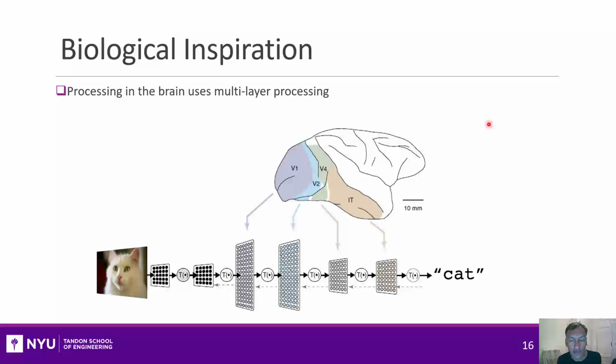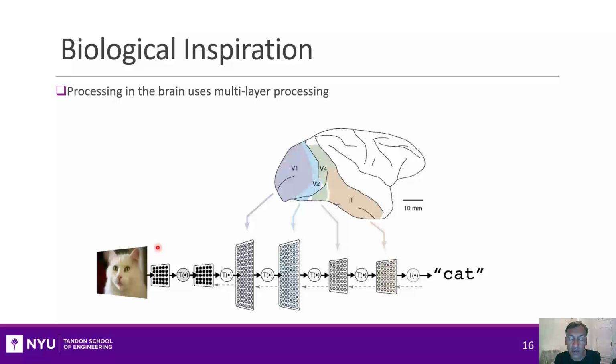Now, there's actually a biological inspiration for deep neural networks, because they, at some very high level, mimic the way the brain processes visual information. So, for example, if you were to see a cat, it will be recorded in your eyes, of course, and then sent through the optic nerve to the part of the brain called the visual V1 region, which is at the back of the brain.